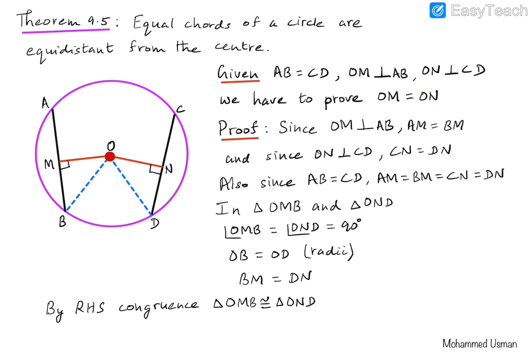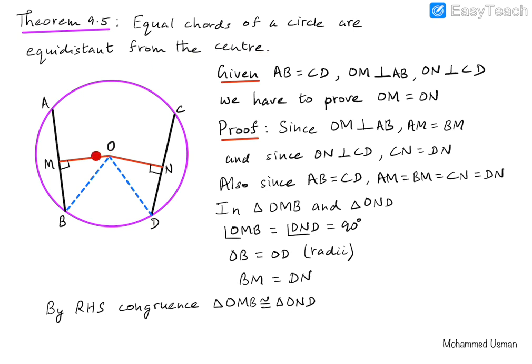OM equals ON. So if OM is equal to ON, it means that the chords AB and CD have the same distance from the center of the circle, which is what the theorem states. Equal chords of a circle are equidistant from the center of the circle.